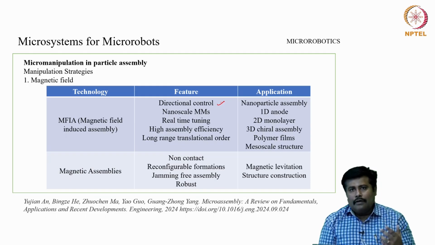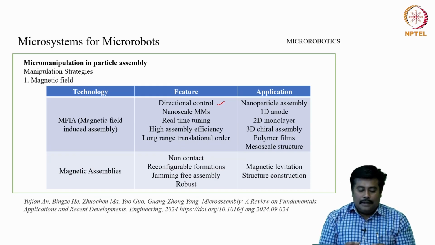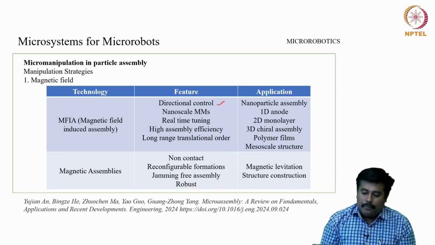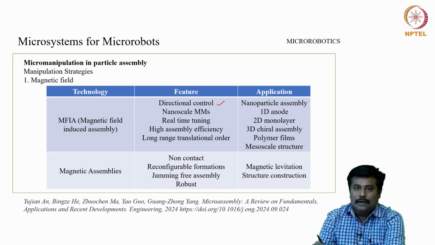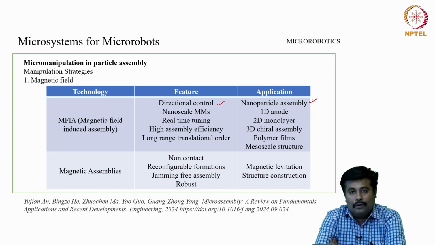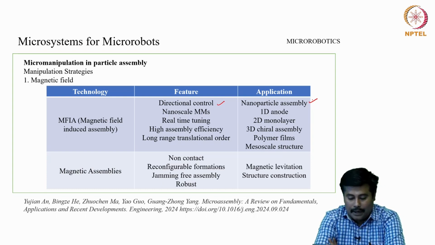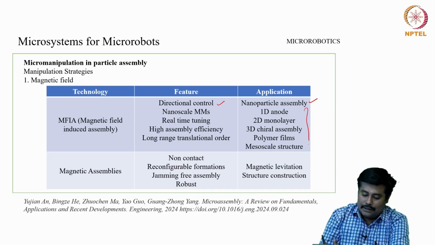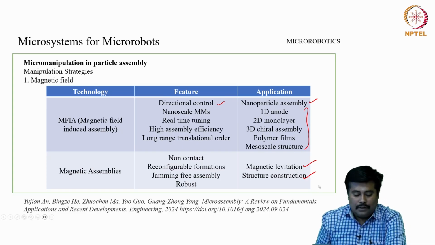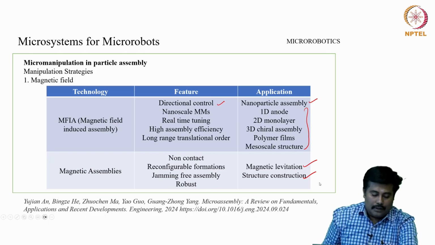It has jamming-free assembly and is fairly robust. From an application point of view, it has nanoparticle assembly, a one-dimensional chain, a two-dimensional monolayer, and a three-dimensional chiral assembly. It also has polymer films and mesoscale structures. As far as applications are concerned, magnetic levitation and structural construction are effectively considered for this system.